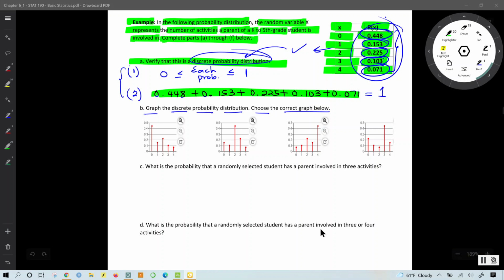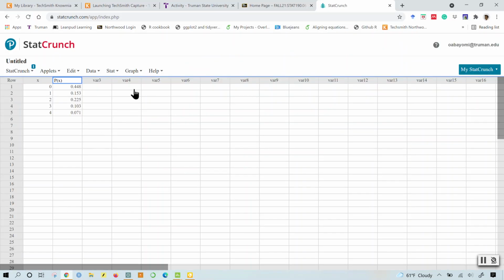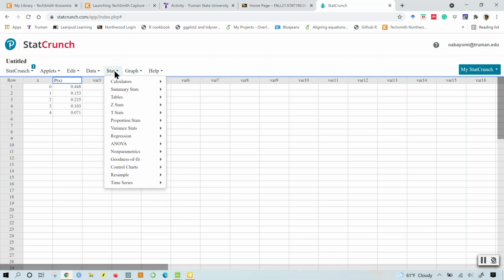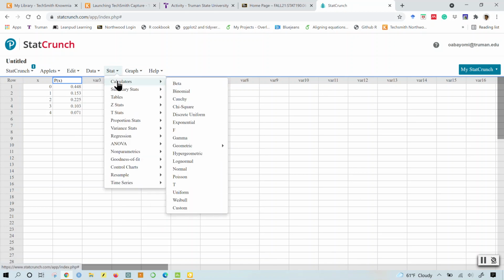In order to graph this probability distribution, I will go into StatCrunch. So I have StatCrunch open here. I have the possible values of x and the probabilities of x. So in order to get started, I will go over to stats, go to calculators, and I'll scroll down to custom.